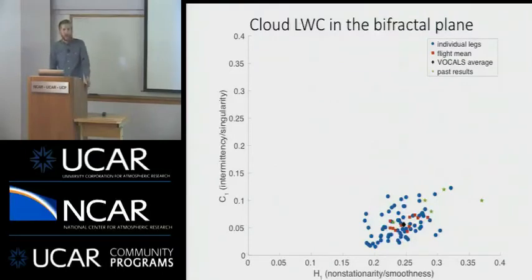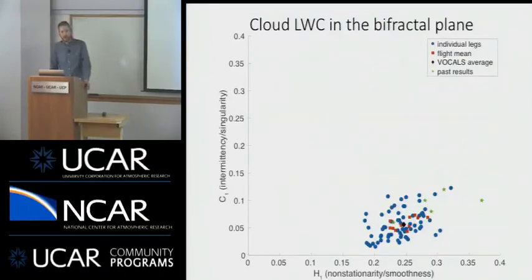As we then aggregate all of these legs by flight, we see a nice clustering where we start to converge to a single value. And then this black diamond here is the average for all of VOCALS. And this is the 0.24, 0.07 that I was showing in the past couple figures where I was detailing the method. What's nice is that we fall right in line with what other people have found before.